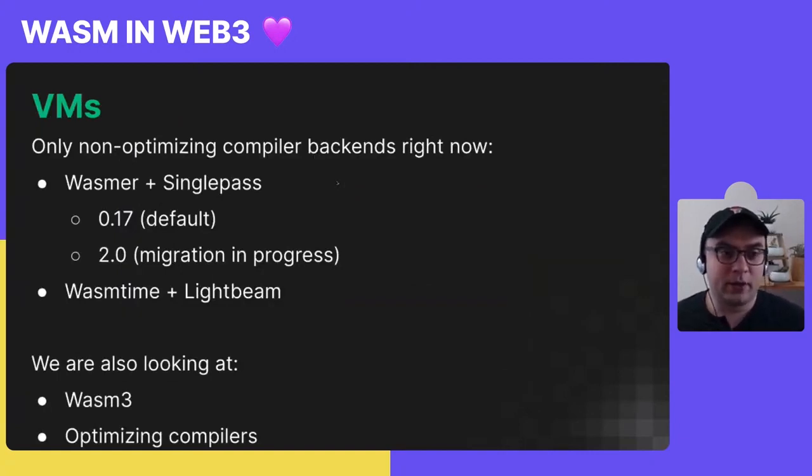There are various virtual machines that we are using to run WebAssembly programs at NEAR. Right now we're using Wasmer Singlepass and Wasmtime with Lightbeam. These are both non-optimizing backends for WebAssembly compilation. There are reasons why we don't want to use optimizing compilers.